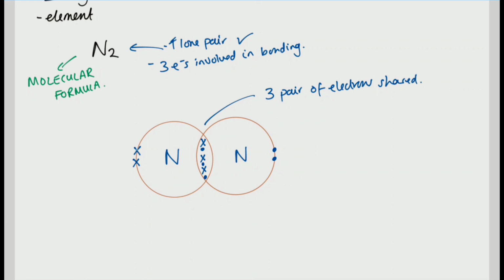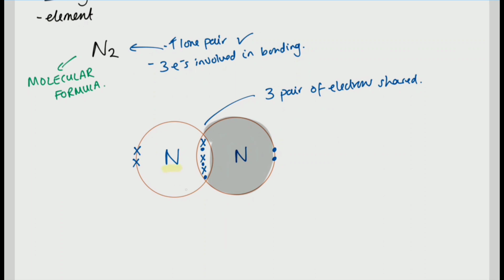Now the next step is to see if we've not added too many. We've got 5 for the first nitrogen atom, and we've got 5 dots for the second nitrogen atom. So we've not added too many electrons for each nitrogen atom. Now the next step is to count if each nitrogen atom has a full outer shell of electrons. Let's look at the first one.